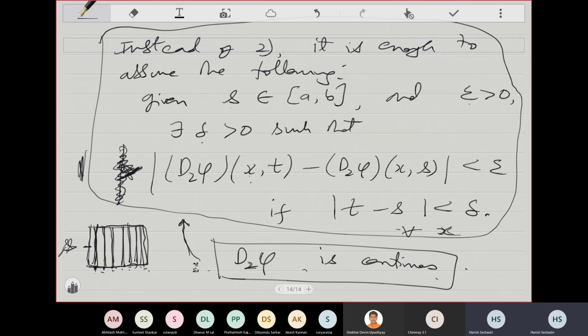Once I have uniform continuity, I have something much stronger than what I have here. I can even change the X variable also. So the same delta will work not only along vertical lines, but even if I'm free to change this, it will be fine. So this will imply this by uniform continuity.